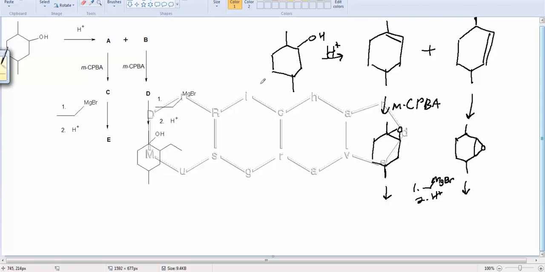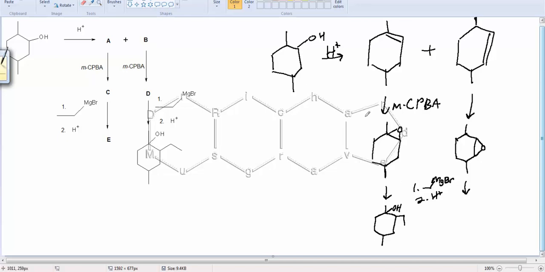So let's look at what we get from this specific one. Now since this is more hindered on this specific side of the epoxide, I know that the attack is going to occur here, and the product we're going to get is going to look like this. Which actually happens to match this structure over here.